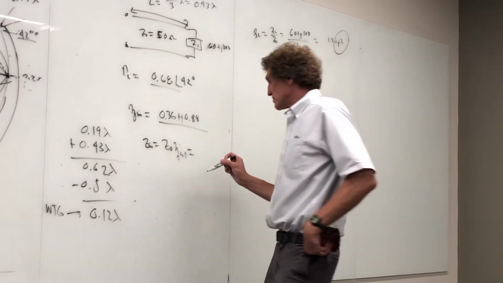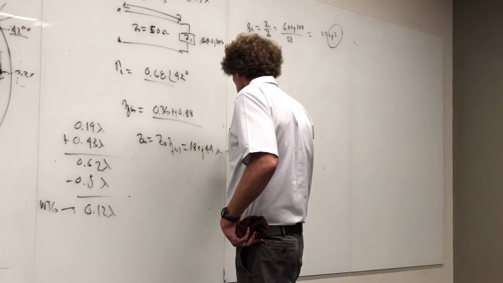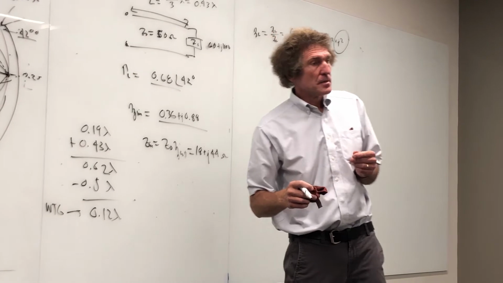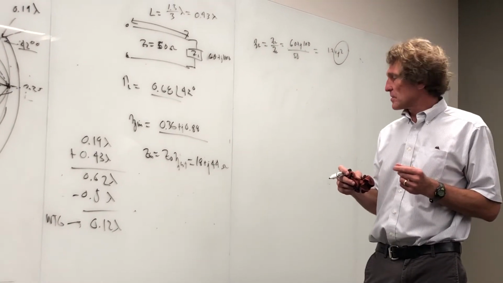Plus J 44 units. Actually 44. And what did we get for our input impedance before? 18.6 plus J 46. All right, we're a little off.